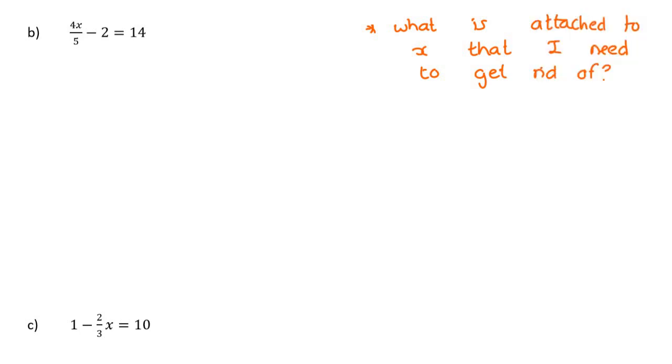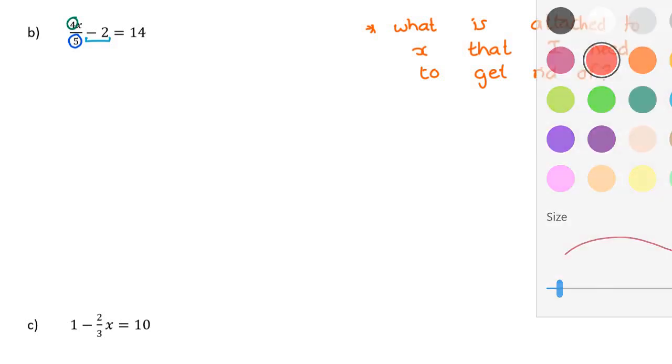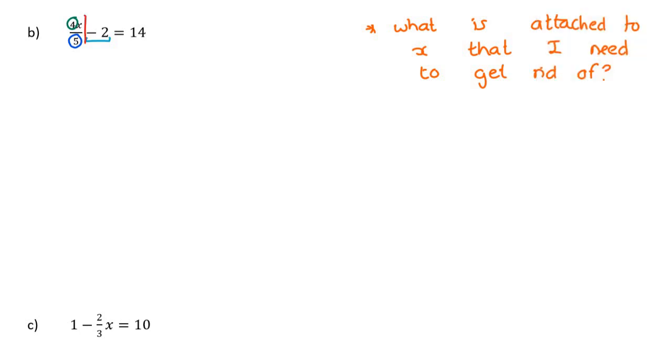So if I answer this question to myself, I can see I want to get rid of subtracting 2, I want to get rid of dividing by 5, and I want to get rid of multiplying by 4. The question is, in what order? Now don't forget that we divide into terms, and so you always get rid of what is furthest away from x first.